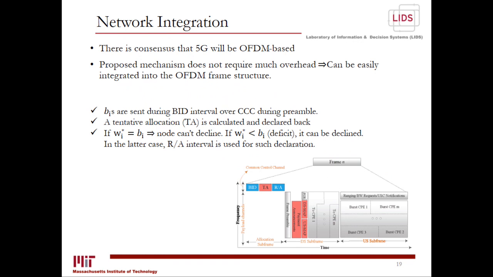The tentative allocation is used so that the base station, which was able to find the optimal allocation and prices, declares those to the devices. And finally, depending on whether devices received what they requested or didn't receive what they requested, meaning in a deficit situation, they might be able to refuse or accept what they were offered.